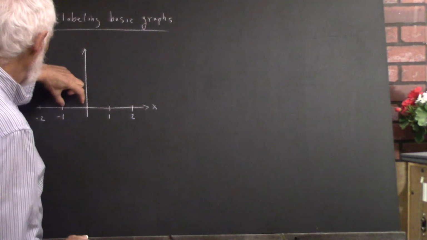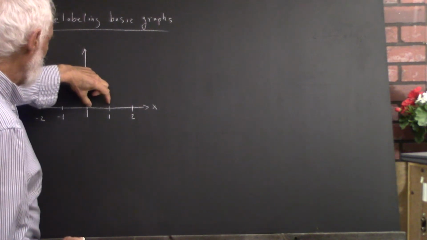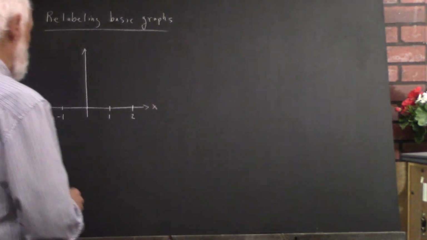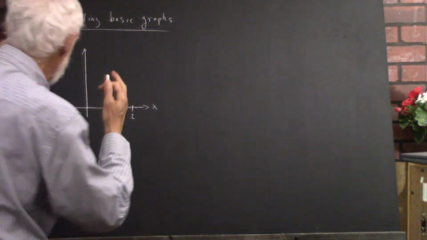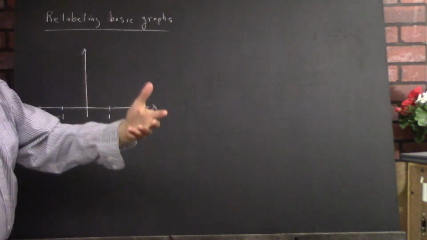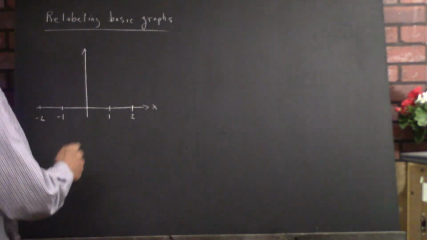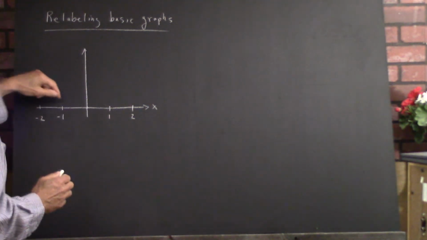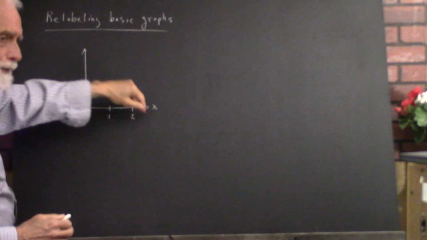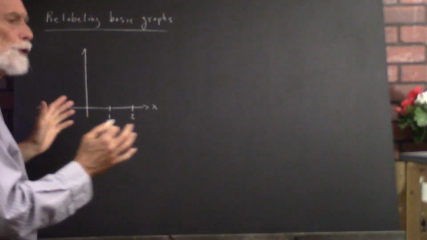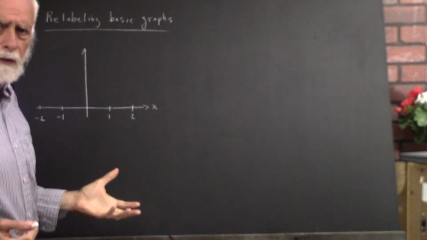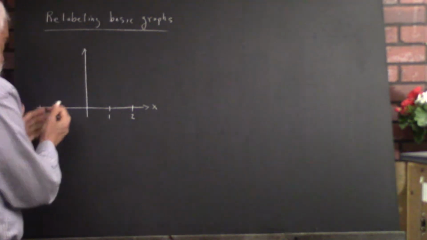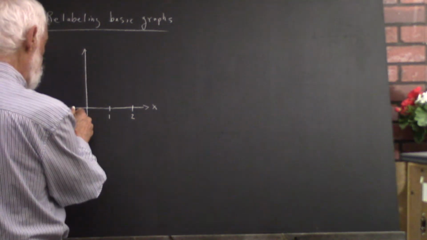Let's see, we got that, and we got that. Yeah, I'm not very good at this, mainly because I'm not right in front of the graph because I don't want to block the camera. But there we have it. And of course, not having these in exactly the right point tends to distort the graph a little bit, and we don't quite get the right shape. So we want to do this as accurately as possible.